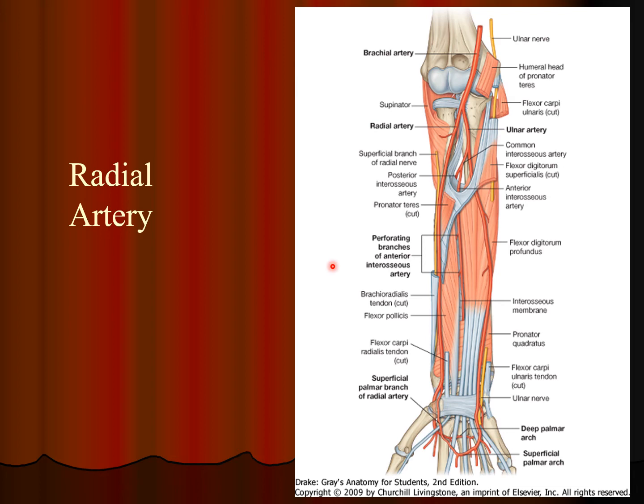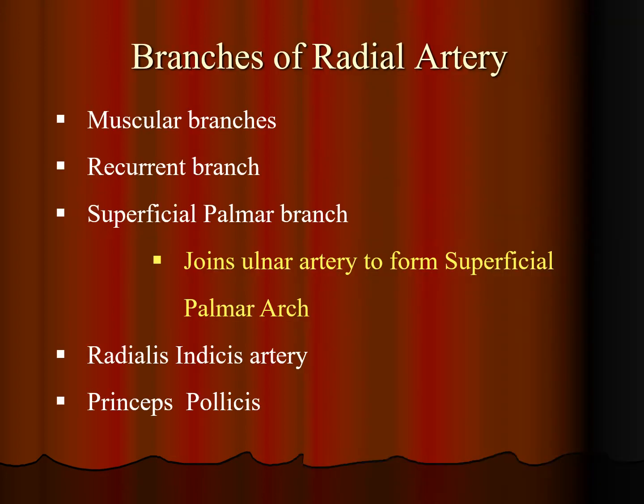Its branches are muscular branches to the surrounding muscles, a recurrent branch to the anastomosis for the elbow joint, and a superficial branch just at the level of the wrist, which joins the ulnar artery to form the superficial palmar arch.